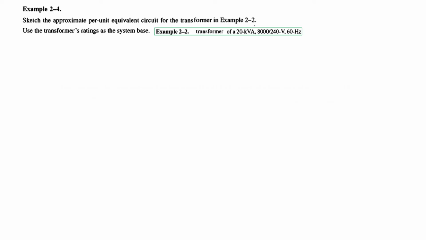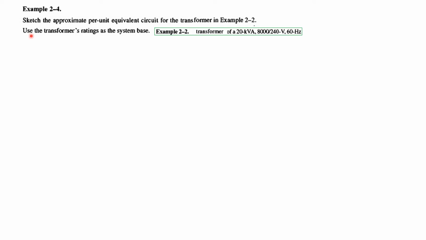So example 2.4 is: sketch the approximate per unit equivalent circuit for the transformer in example 2.2. And in example 2.2 we saw this is the transformer rating: 20 kVA is the power and 800 over 240 are the voltages, primary and secondary side, and 60 Hertz.